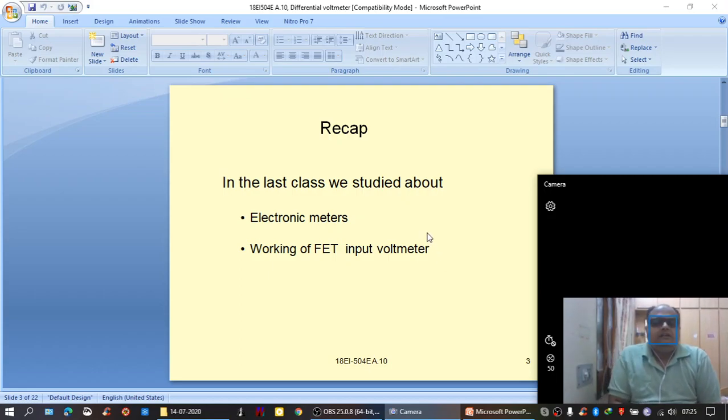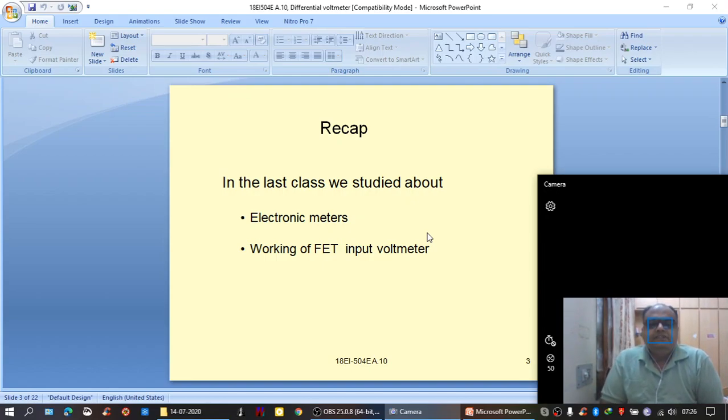Electronic instruments are similar to electrical instruments like voltmeters, ammeters, ohm meters, etc. But in addition to the basic circuitry used in electrical meters, in electronic measuring instruments, additional circuitry like amplifiers, attenuators, wave shaping circuits, that is signal modifiers, are used in order to make sure that the sensitivity of the device becomes very high.